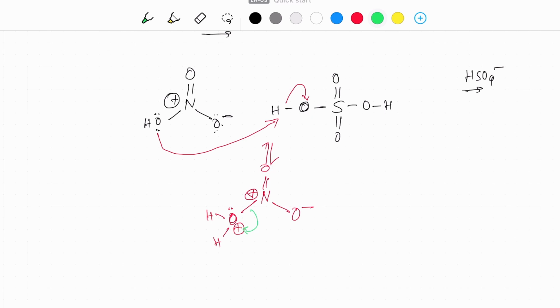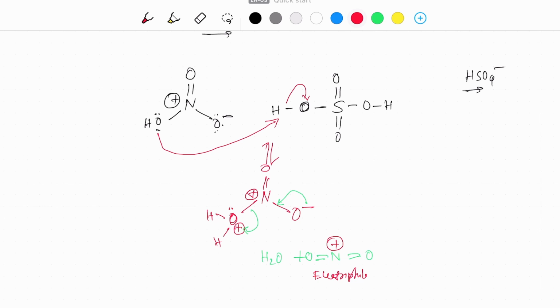Now it will form water and will leave, and we get water from here, and we have this negative charge. We will try to form a double bond here, and now we have this positively charged nitro group, which will be our electrophile in the case of the nitration reaction.